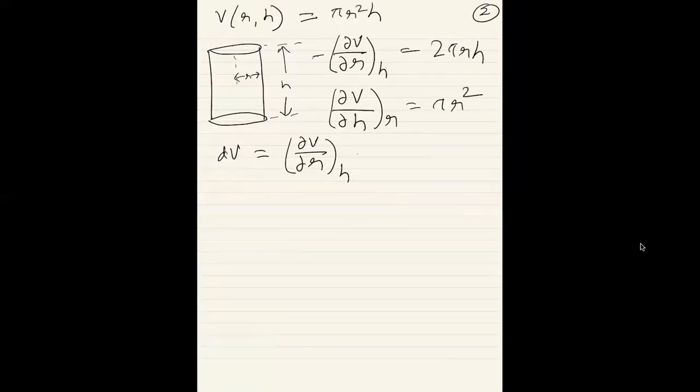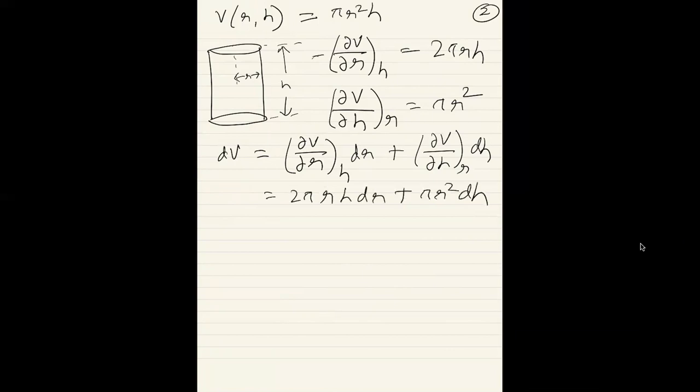Life is simpler. This will be partial V by partial H at constant R multiplied by dH. And we can plug in the expressions we just wrote above. This will be 2 pi R H dr plus pi R squared dH. So what does this mean?